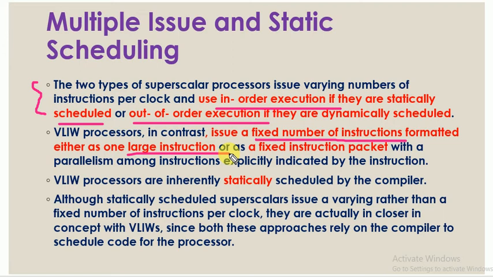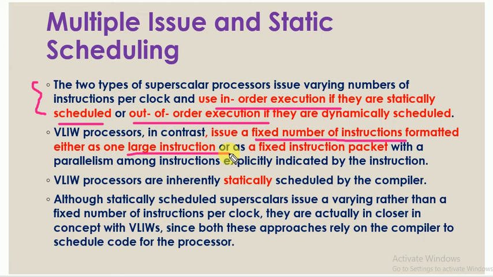But in the case of a VLIW processor, a fixed number of instructions are formatted into a single large instruction. One single instruction, but it internally performs a number of other instructions. So it will have a fixed instruction packet with parallelism among the instructions present in that particular instruction packet.